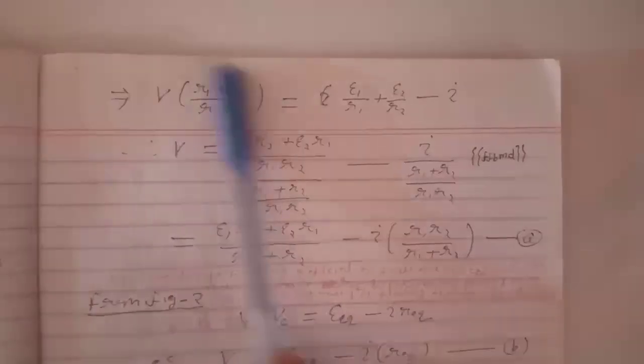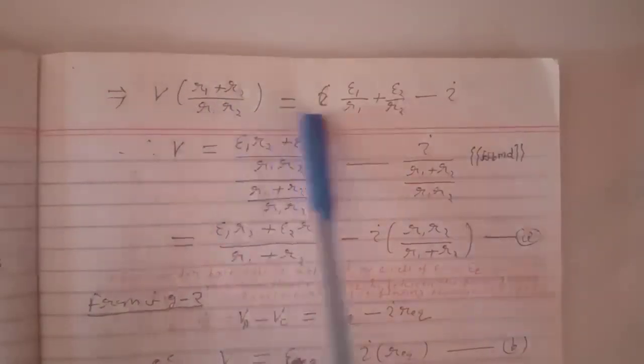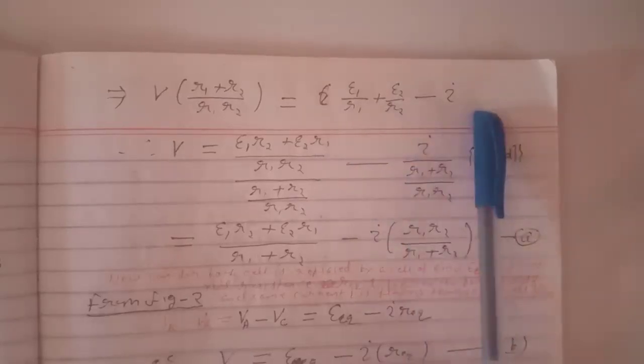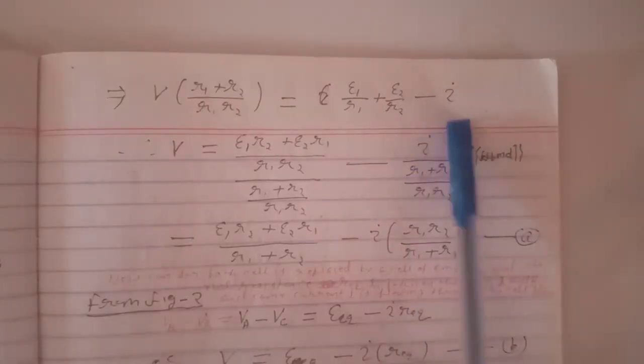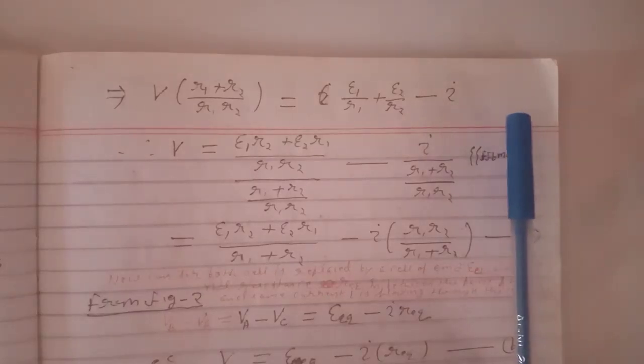Or this implies V equals E1 by R1 plus E2 by R2 divided by 1 by R1 plus 1 by R2. This is equation I1.